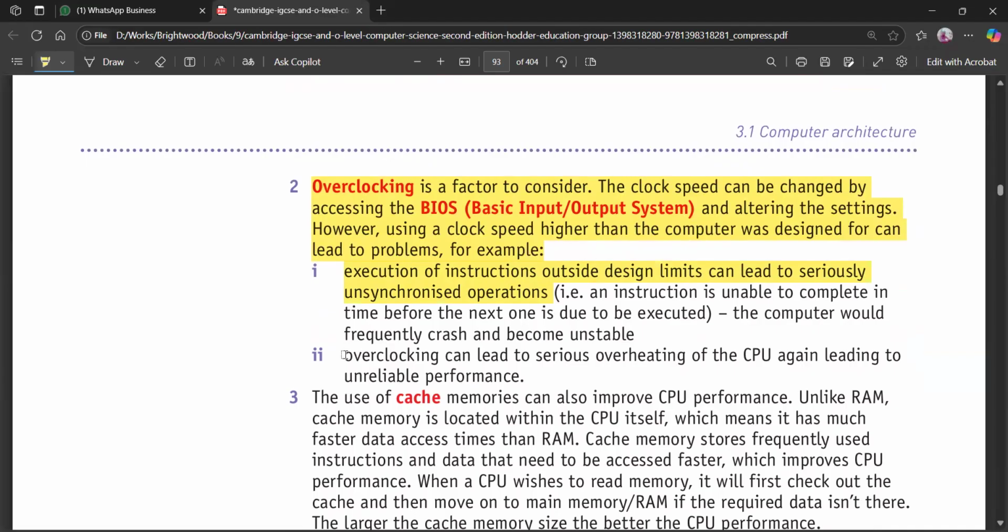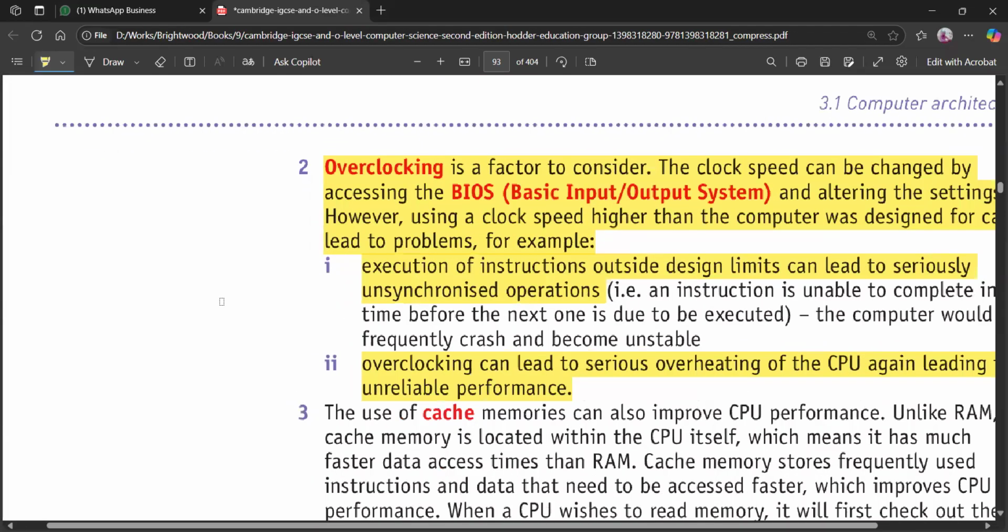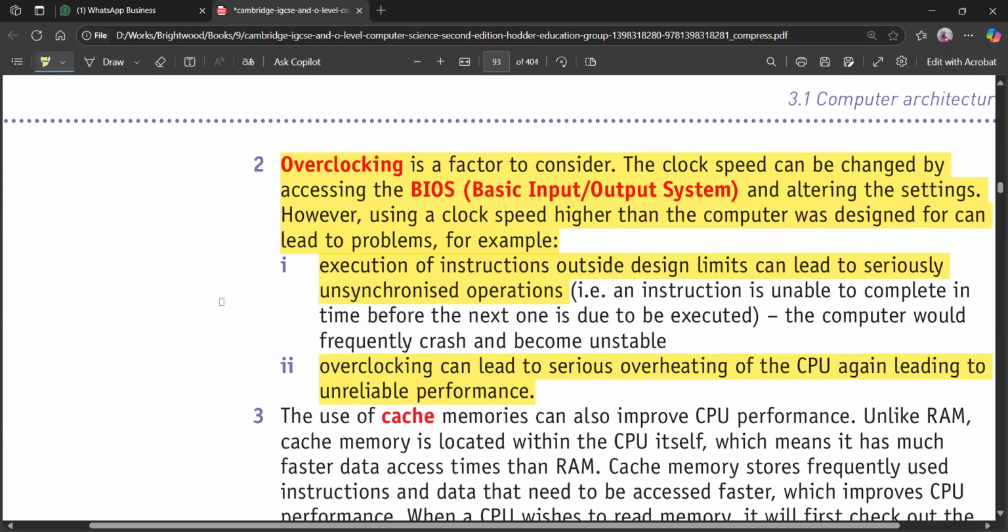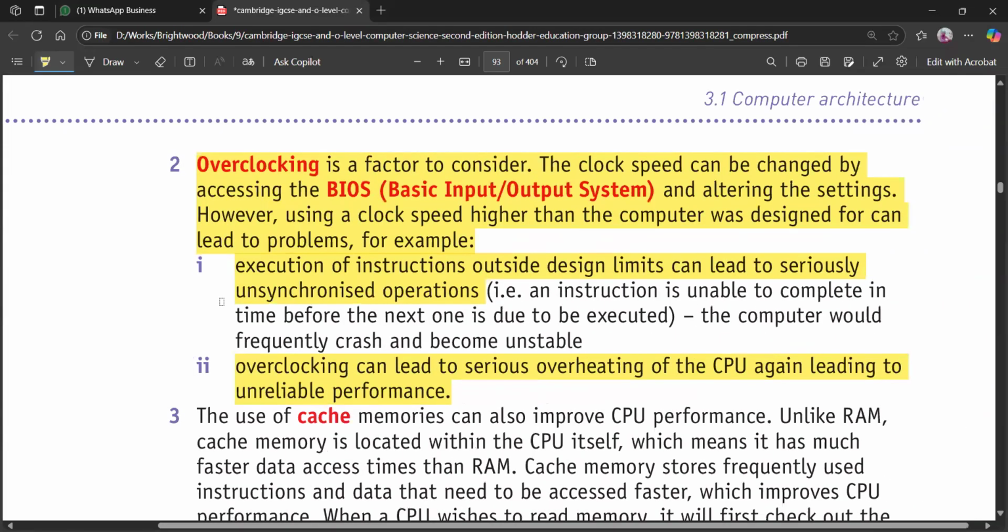Overclocking can lead to serious overheating of the CPU, leading to unreliable performance.